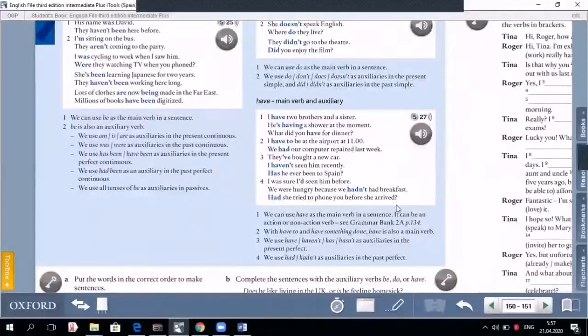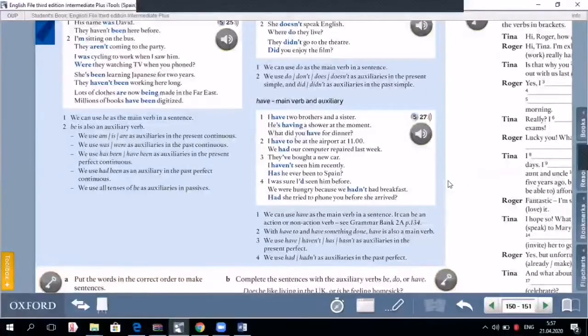This is the use of the verb to have as main verb and auxiliary verb. We can use have as a main verb in a sentence. It can be action or non-action verb. With have to and have something done, have is also a main verb.